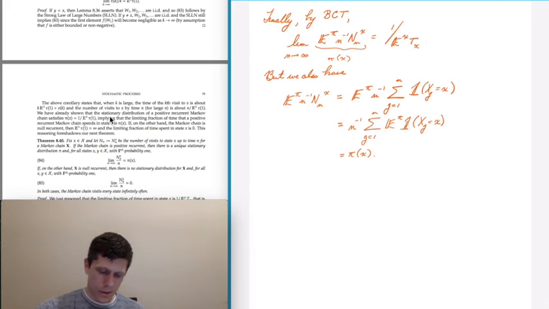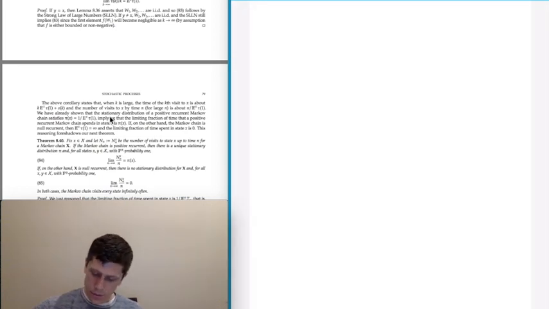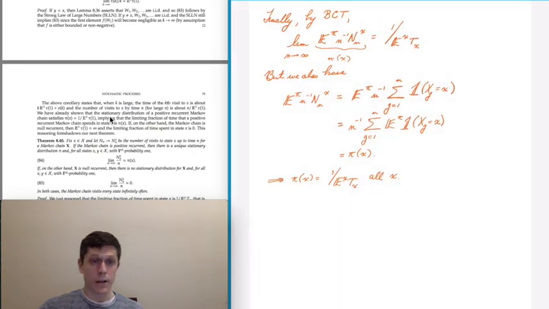Okay. We get that pi x must equal this value for all x. Okay. So this gives us uniqueness, that if there's a stationary distribution, it has to satisfy this property.